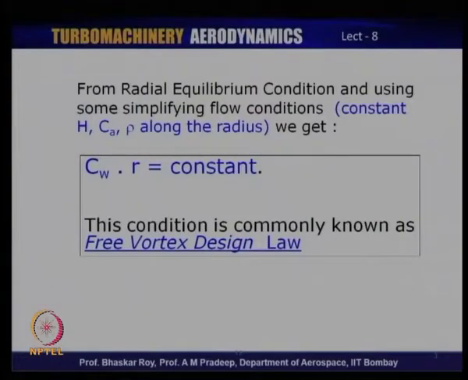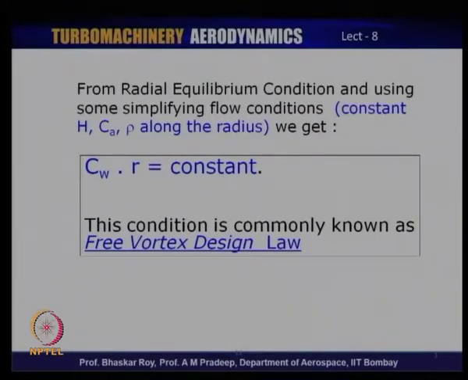So, let us start off with what we ended with in the last class, that is the free vortex law. Now, you see, free vortex law is based on what we had put together as the radial equilibrium condition, which had some simplifying flow conditions. These simplifying flow conditions were that in the radial direction, total enthalpy H, axial velocity, inlet velocity C A, and density are constant.